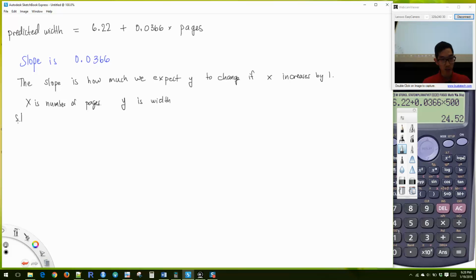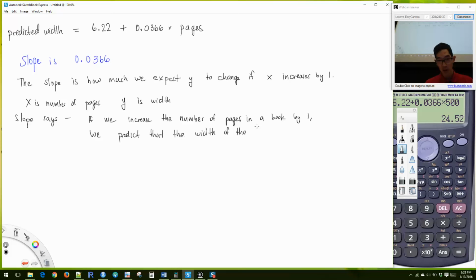So what the slope means, okay? Slope says if we increase the number of pages in a book by 1, we predict that the width of the book will increase by 0.0366 millimeters.